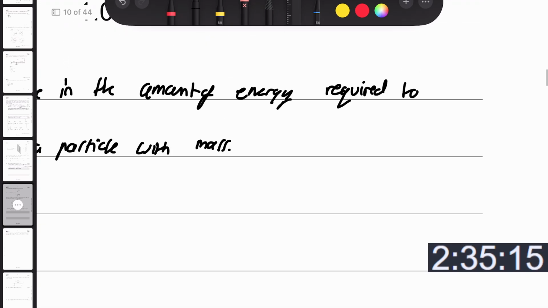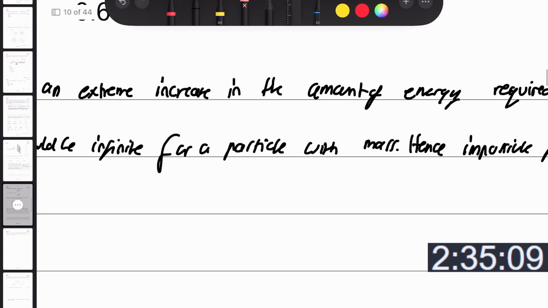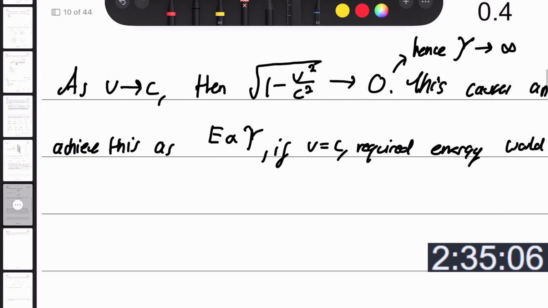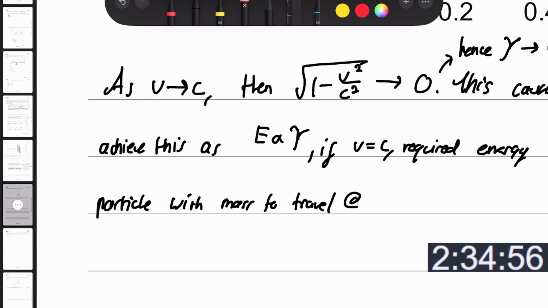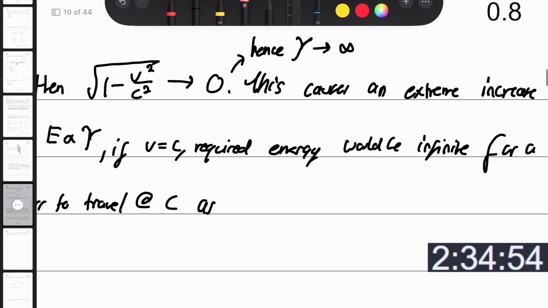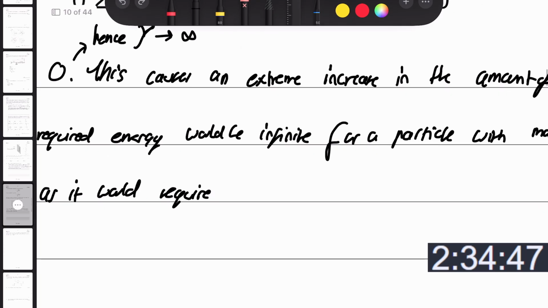Hence it is impossible for a particle with mass to travel at c, as it would require infinite energy.